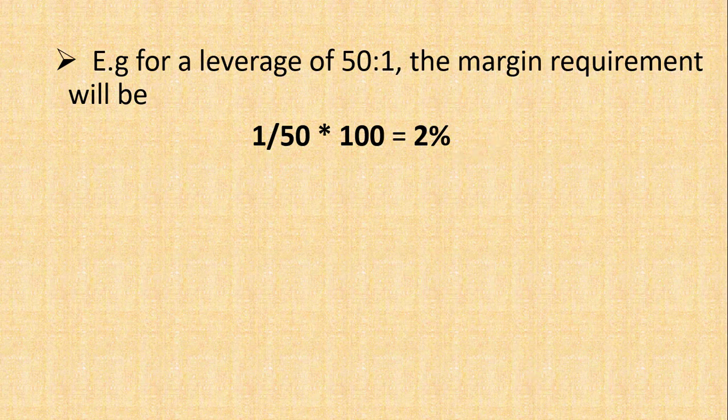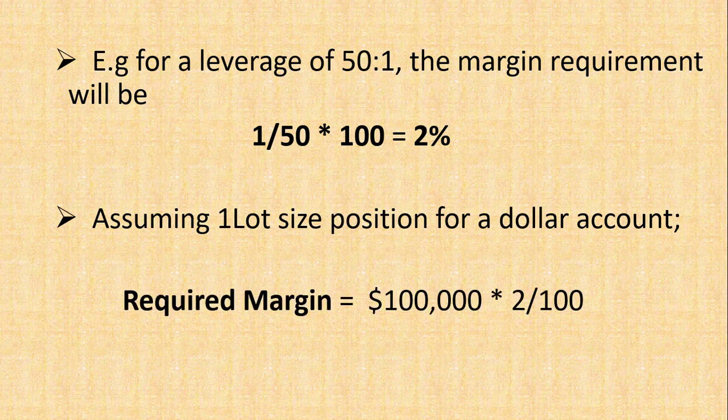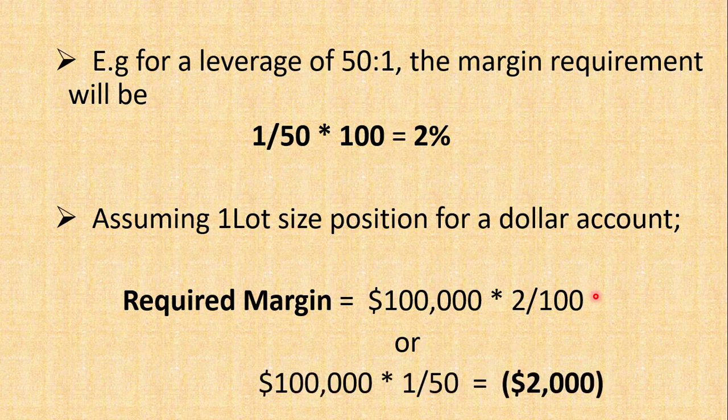So assume you'd want to open a position of 1 lot and you're having a dollar account. Using the example here, you will be required to have a margin of the lot size you'd want to take, which in this case is 1 lot, times the margin requirement as a percentage. Or just say the lot size multiplied by 1 divided by 50, which gives us the same value, $2,000.